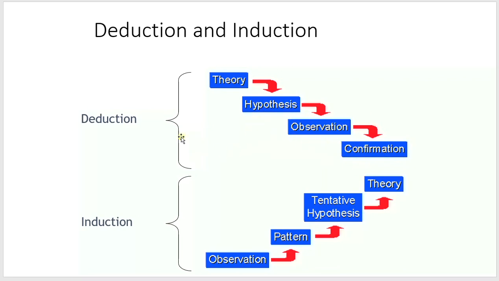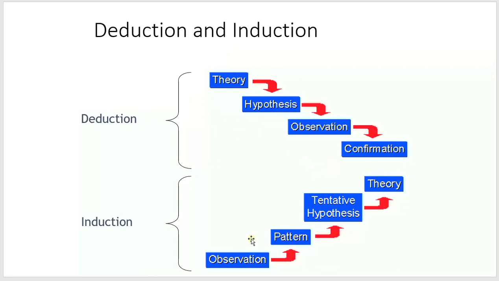As I said earlier, if you are following these deductive steps of knowing, then you will always confirm a theory or reject a theory, but you will not be able to develop or discover a new fact. This is one limitation of this deductive approach.